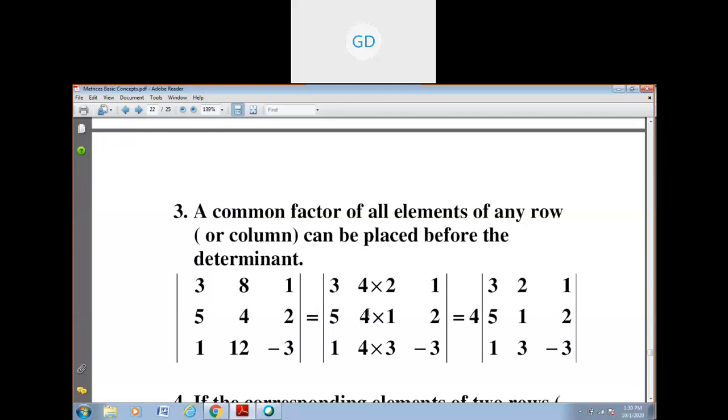It may be the first column, the third column, or the first, second or third row. In any particular row or column, if a common factor exists, we can write it outside the determinant. In this case, 4 is outside the determinant, and whatever elements are left, we write inside. This is a very important property.